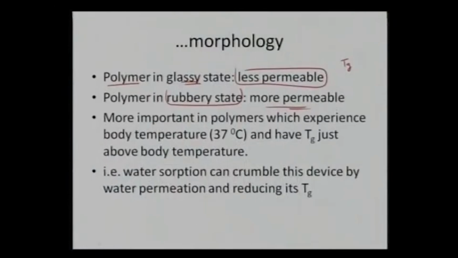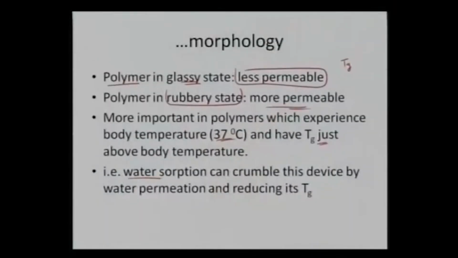The polymers which experience body temperature and have a Tg just above or just below body temperature will be much more rubbery in nature, and in case there are fluctuations in temperature, or water seeps through, or there are enzymatic activities, these can lower the Tg to below 37 degrees centigrade. Even when the Tg is marginally above 37 degrees centigrade, enzymatic or hydrolytic actions can reduce this Tg to below 37 degrees centigrade, and that will tend to crumble the device.